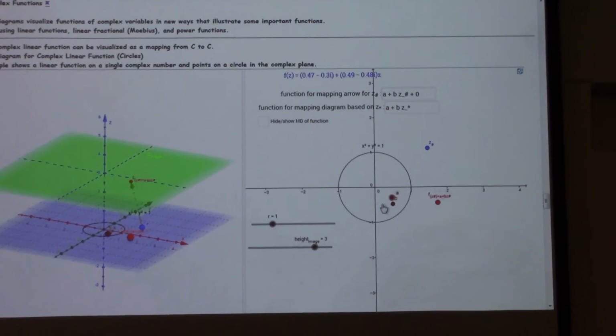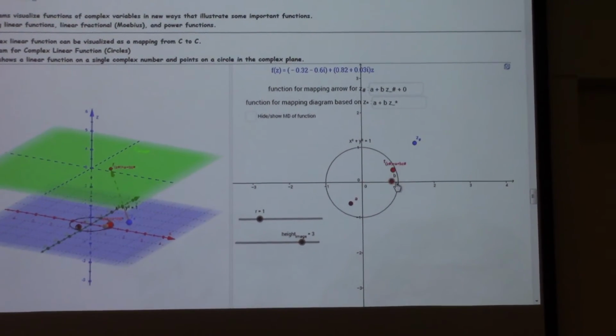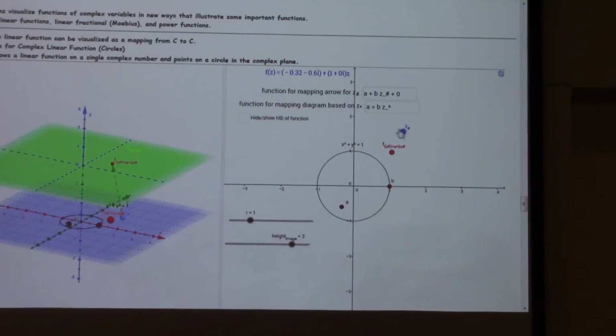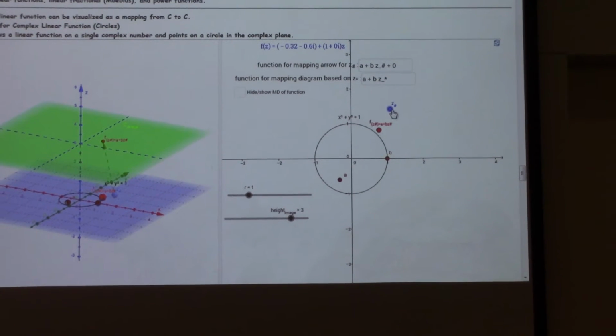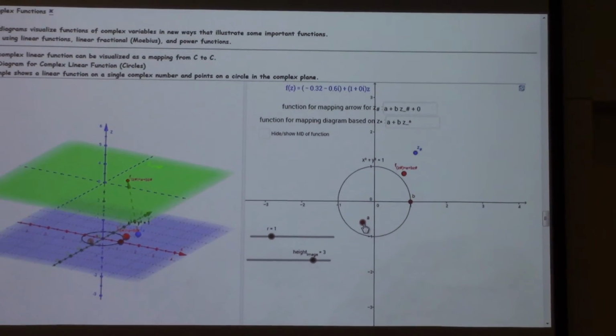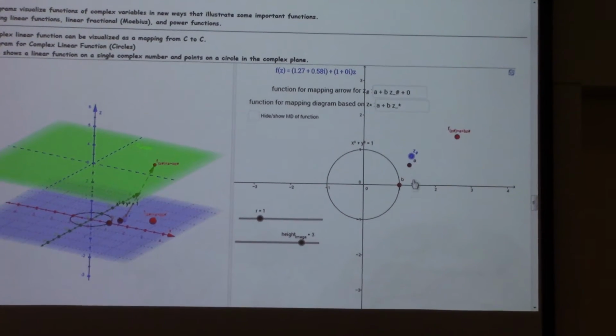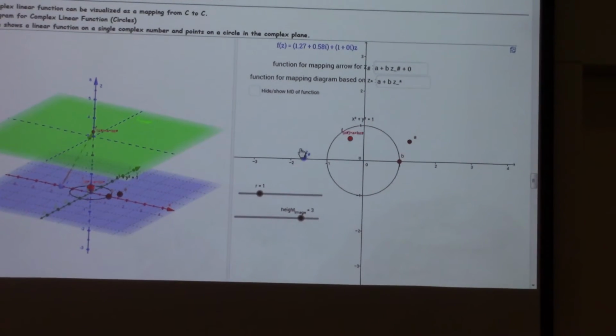Let's take a here and let b be 1. So multiply by the number 1. Then, as I move to z, the red point is the image, and you can see that that's just a matter of adding a to it, just like vector addition. You just add the vector a to it.